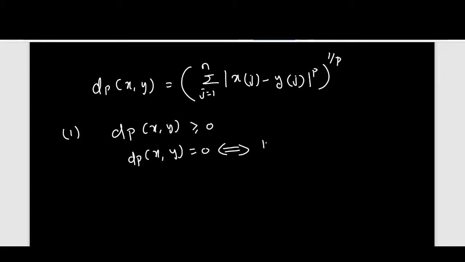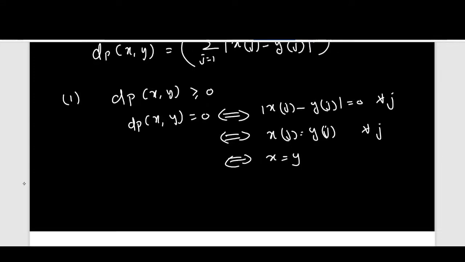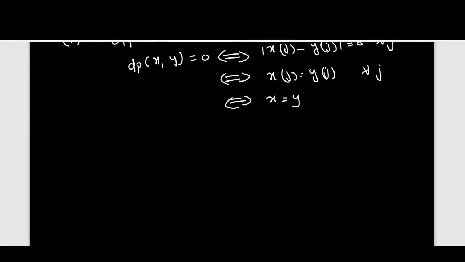So this means |x_j minus y_j|^p is equal to 0 for all j, which means x_j equal to y_j for all j. So this means x is equal to y. So d_p(x,y) equal to 0 if and only if x equal to y, so our first condition is satisfied. Now let's look at the second condition.